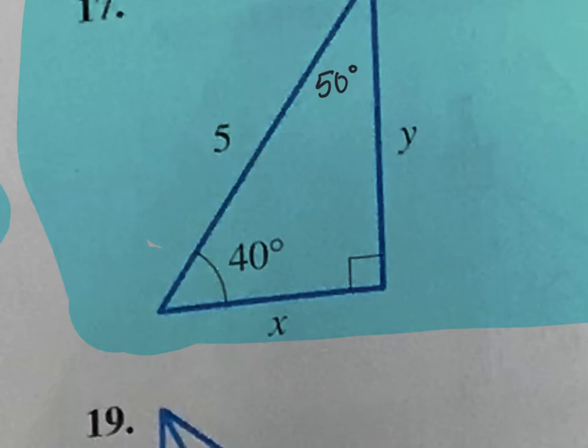But just with what they gave us, I can find x and y. Here is my angle that I'm referencing, 40 degrees, yes? And what did they give me? What is 5? It's the hypotenuse. How do you know it's the hypotenuse? It's across from the right angle. So if I wanted to find what y was, what is y in reference to 40 degrees?